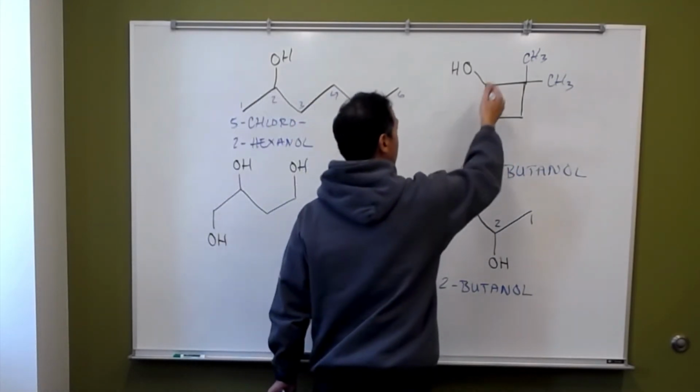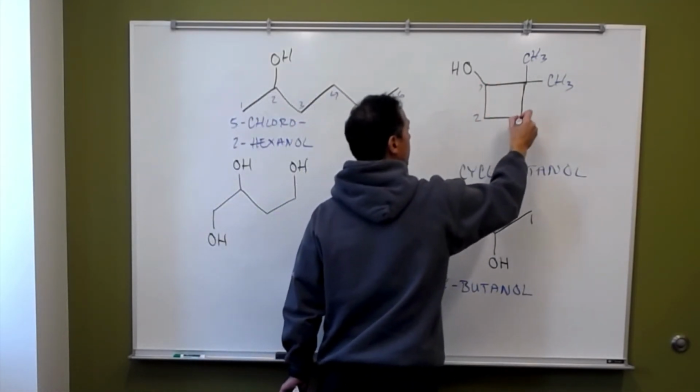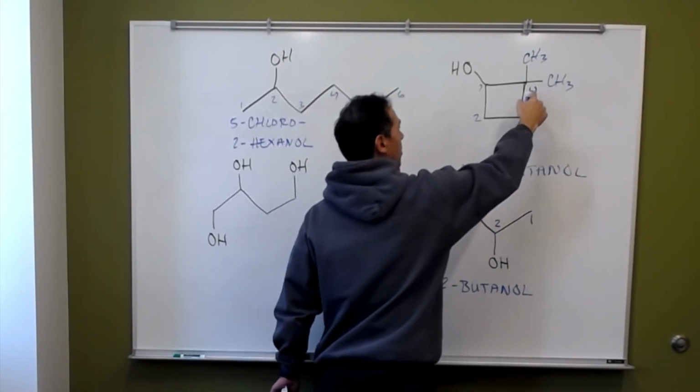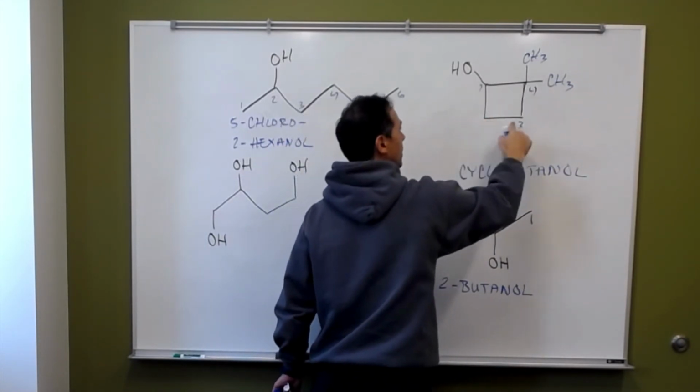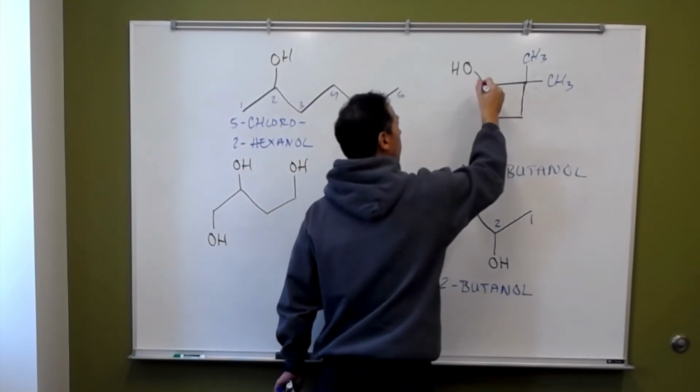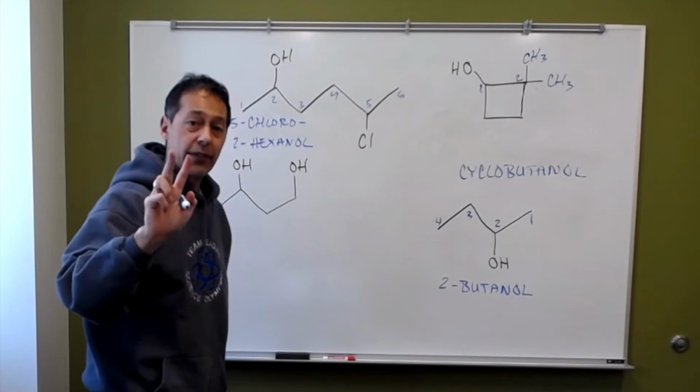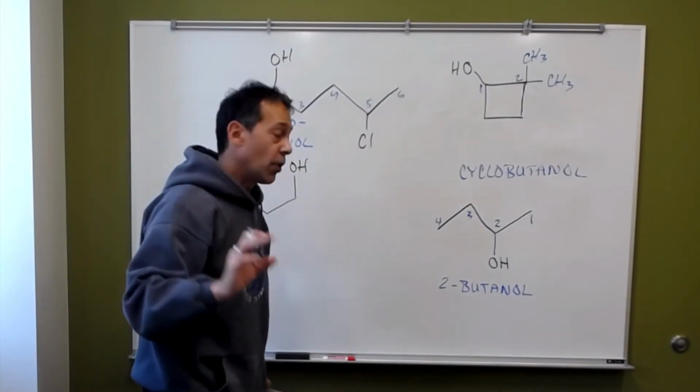And you know, if I were to number it 1, 2, 3, 4, then these have a highish number. But if I go clockwise instead, like this, go 1, 2, now those 2 methyl groups are off of the second carbon, so it's just a smaller number.